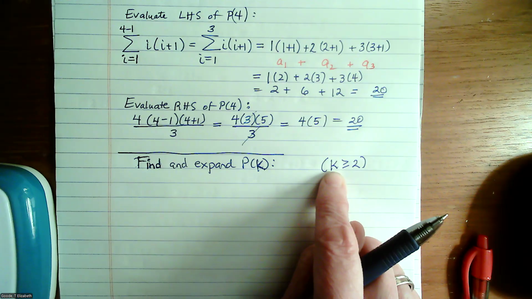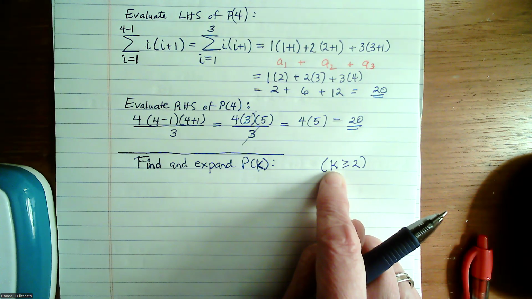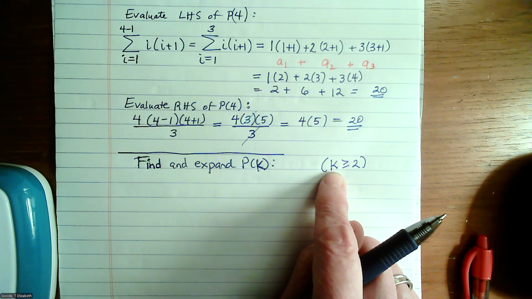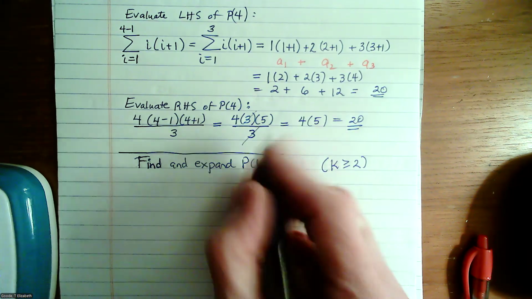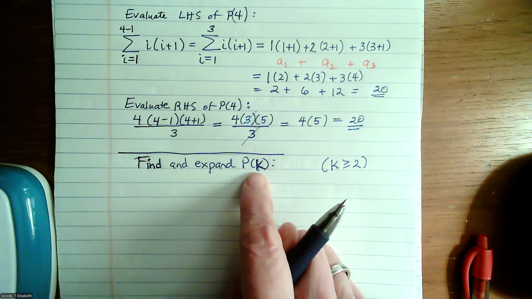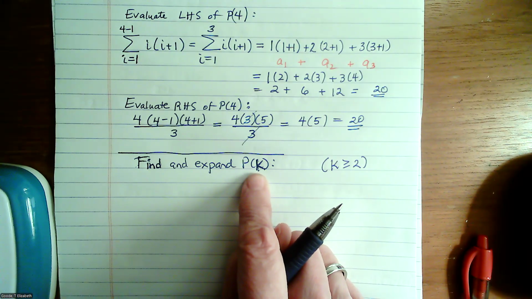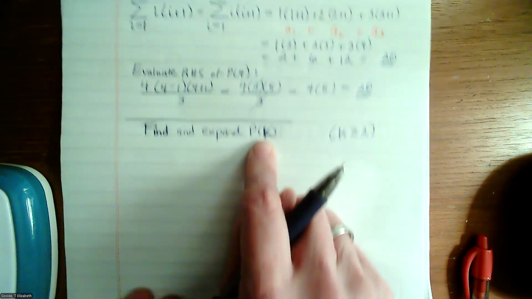For example, it could be 2. It could be 100. P of n represents any one of an infinite number of statements. P of k is supposed to represent an arbitrary but particular one of those.